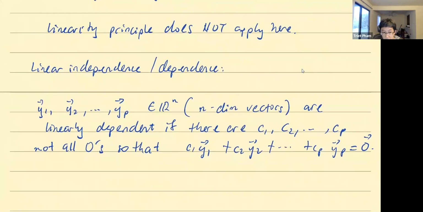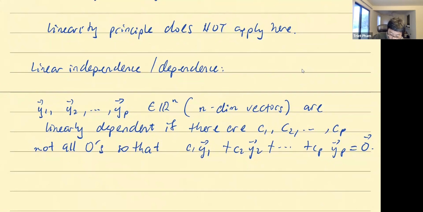So if you can do this, they are linearly dependent. Actually, it's very intuitive what this definition is. Basically, just think of the opposite. They say not all zeros. What happens if they're all zeros? If you choose them all to be zeros here, then obviously this must be 0 on the right-hand side. So that's a trivial way to make them 0. On the other hand, if you have a non-trivial way to combine them to make them 0, then that means they will depend on each other somehow.